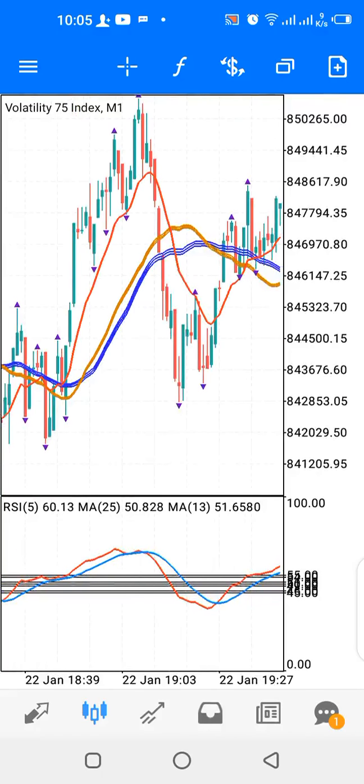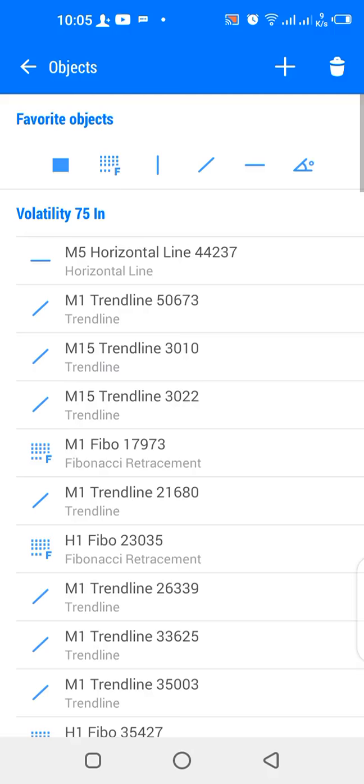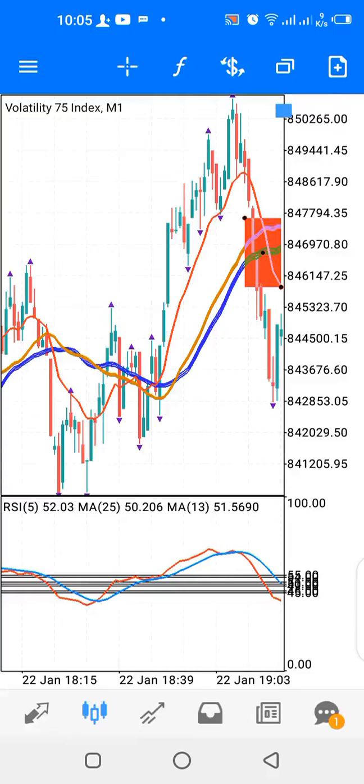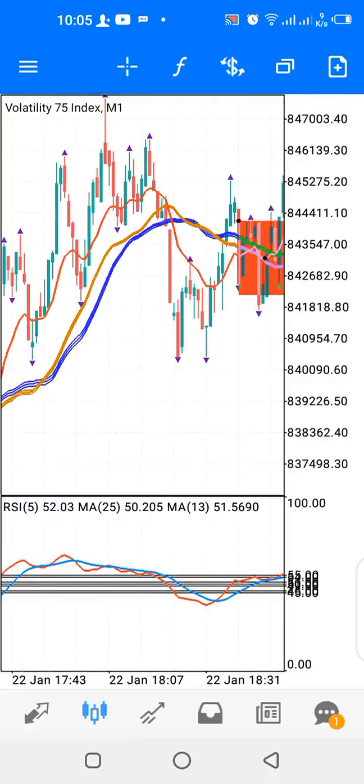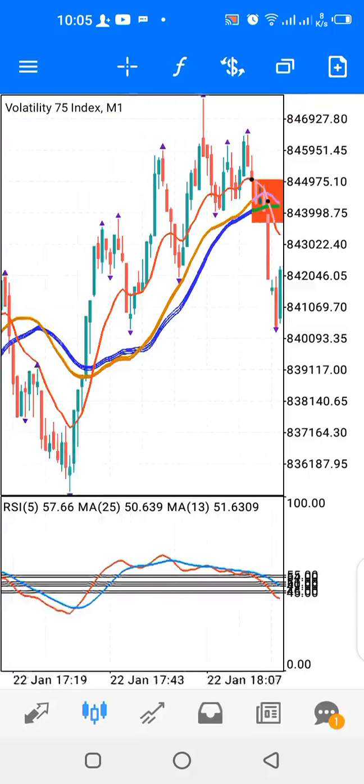And when it crosses down, that's a sell signal. When the red line crosses above the orange and the blue, you have your buy signal. When it crosses down, you have your sell signal.